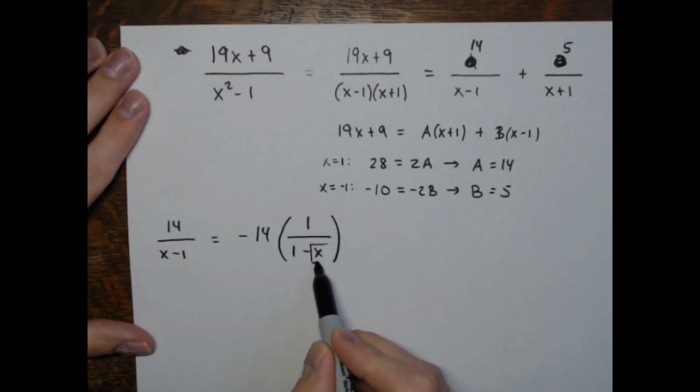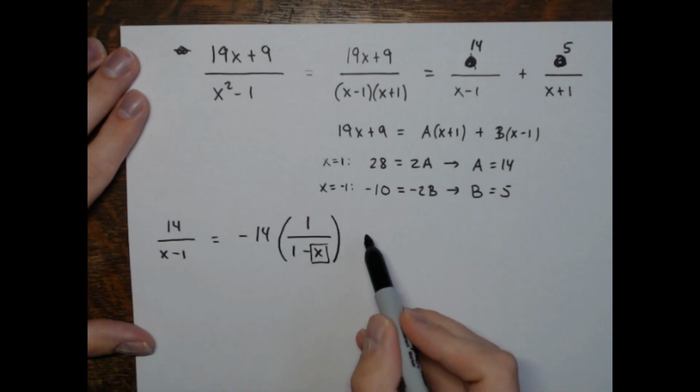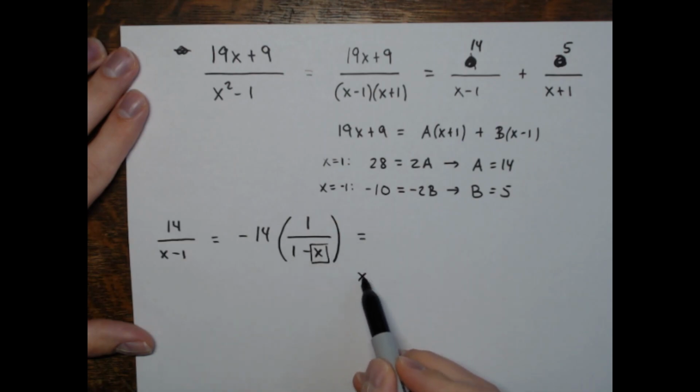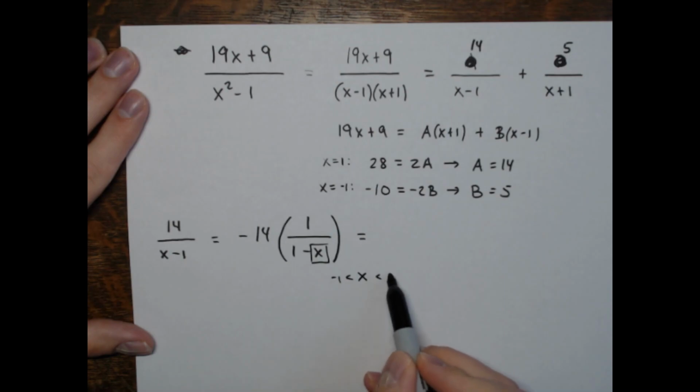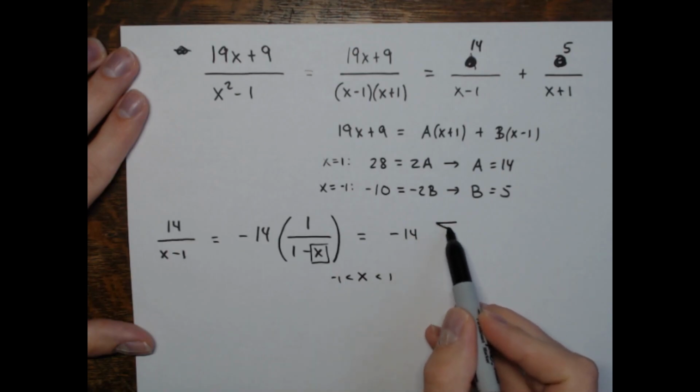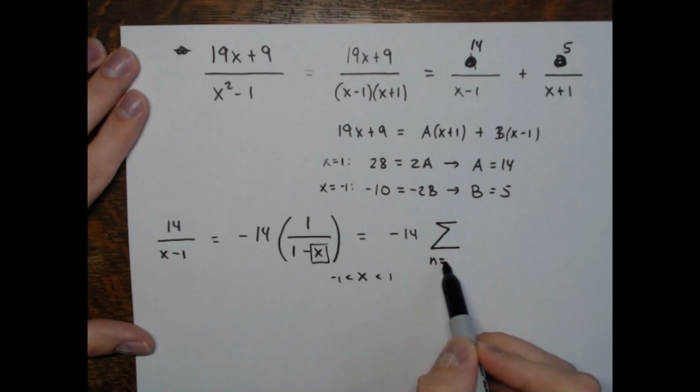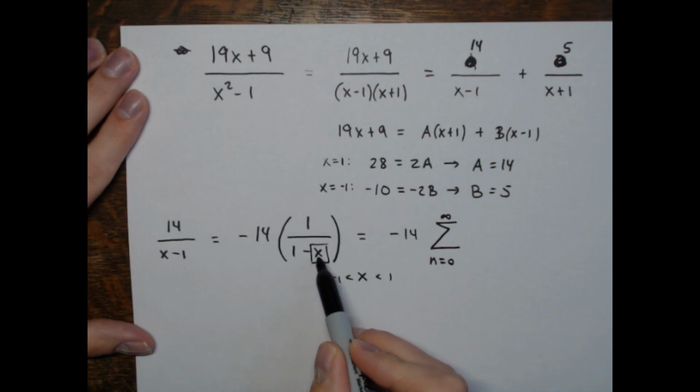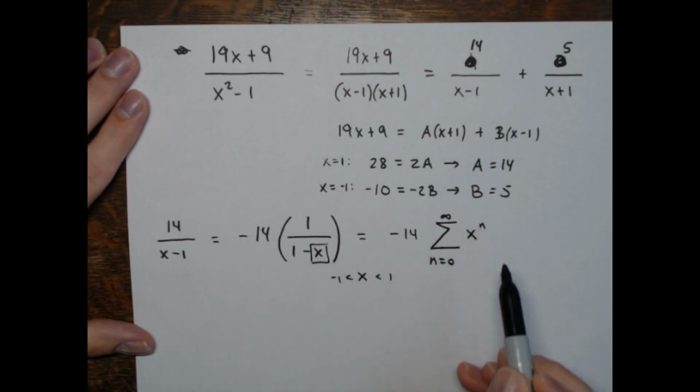And the thing in the box down here is just 1 minus x, right? So as long as x is between negative 1 and 1, we have a series that'll converge to this. It'll be negative 14 times the sum from n equals 0 to infinity of x to the nth power.